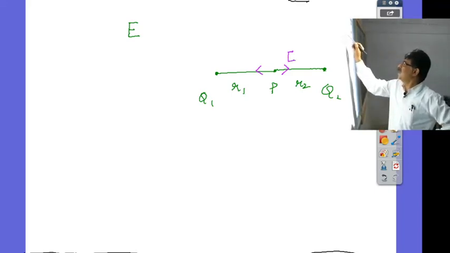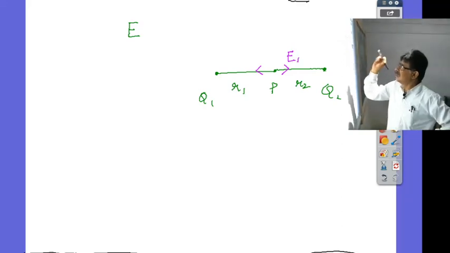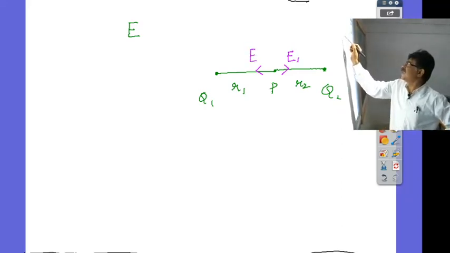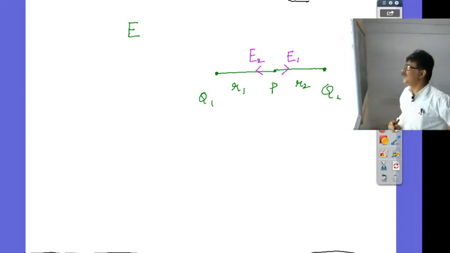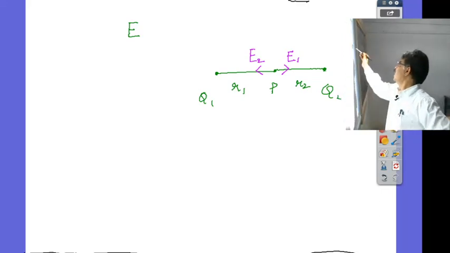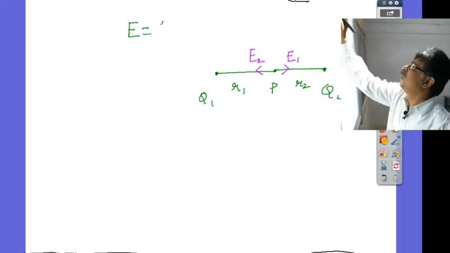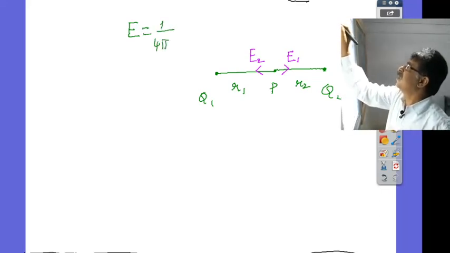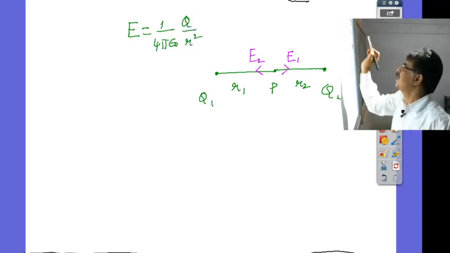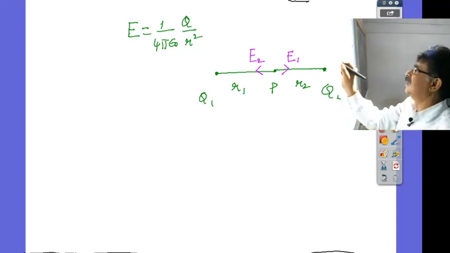Let the electric field because of the first charge be E1, and because of the charge Q2 let it be E2. Then we can write E is equal to 1 by 4 pi epsilon naught into Q by R square as the expression for calculating E1 as well as E2.